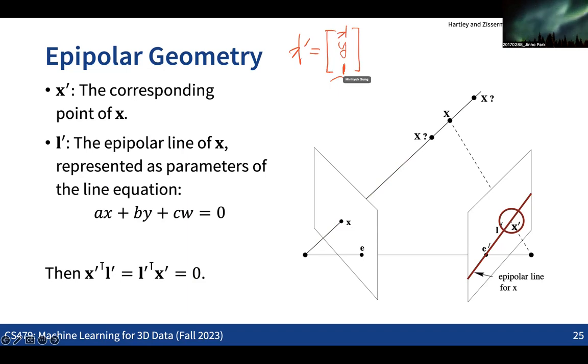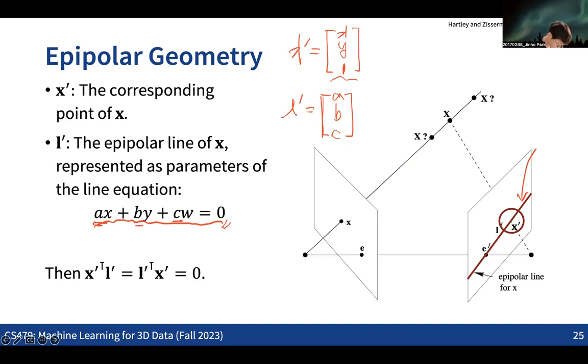And we can also represent this epipolar line with a line equation. If we take only the parameters of this line equation, a, b, and c, then each line can be represented as a 3-dimensional vector: a, b, c.